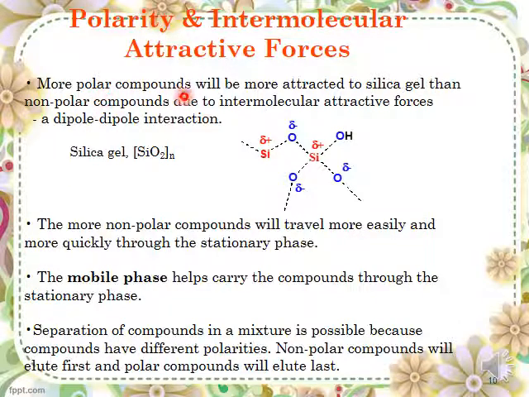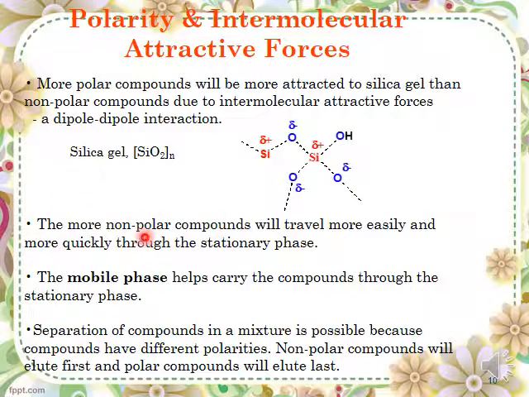So if you have a polar component, it will be attracted to the polar stationary phase, because the stationary phase is made up of silica gel, SiO2, which is polar, and this will have an intermolecular force called dipole-dipole interaction. You see this dotted line, that is the intermolecular force.